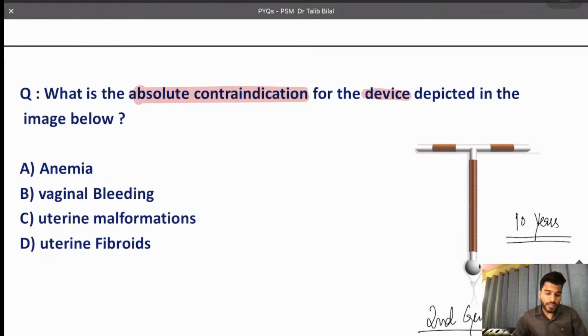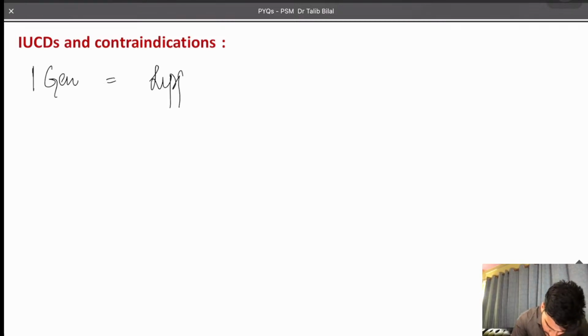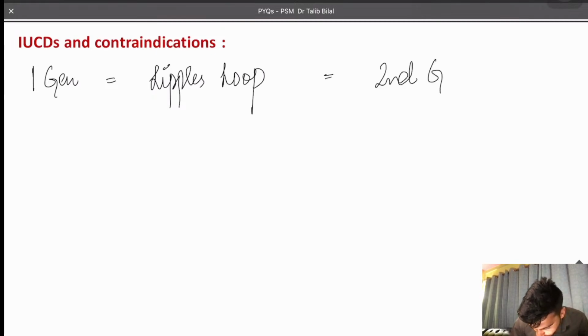Now if I talk about IUCDs, we have 4 generations. In the first generation, my dear students, you have Lippes loop. In the second generation, you have copper containing IUCDs.